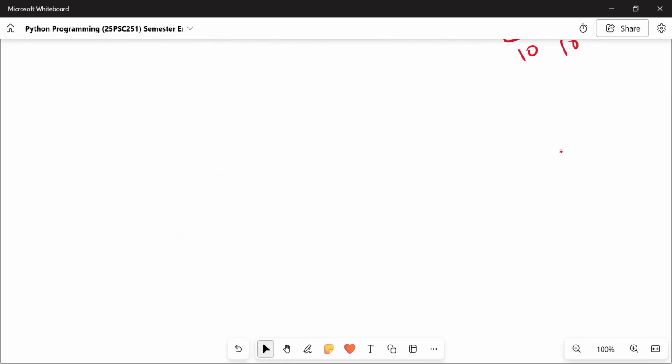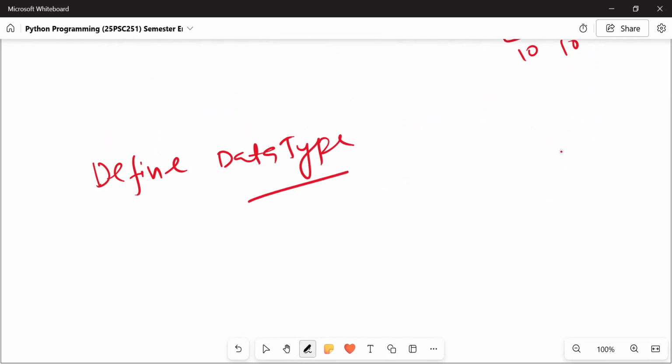For example, someone asks a question related to data types. So how to apply these answers? Define data types. How to write these answers? Basically, these are descriptive answers, descriptive fundamental questions. You may answer whatever is in the notes we have given.